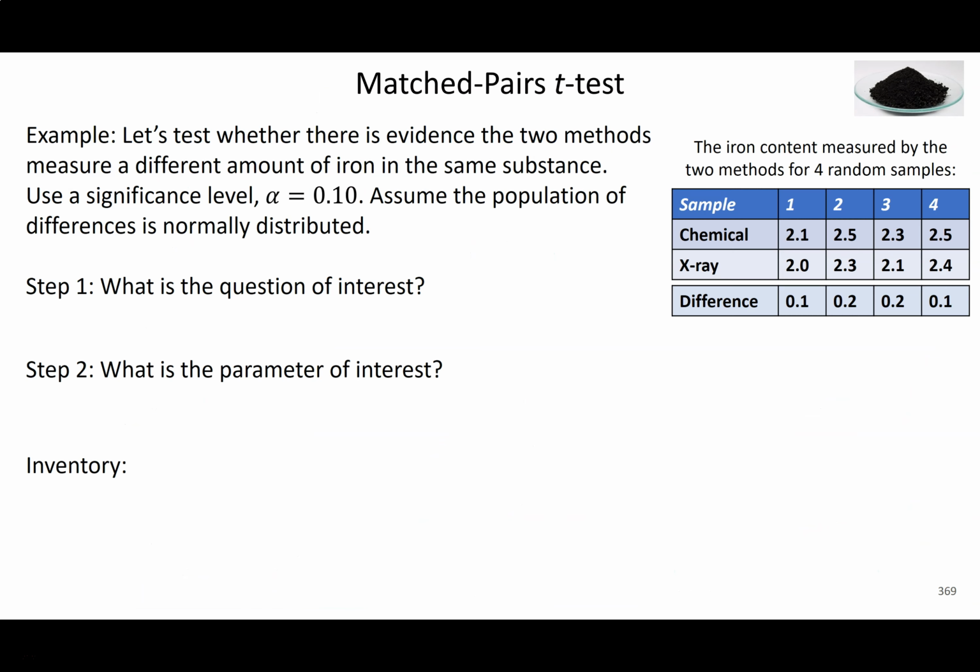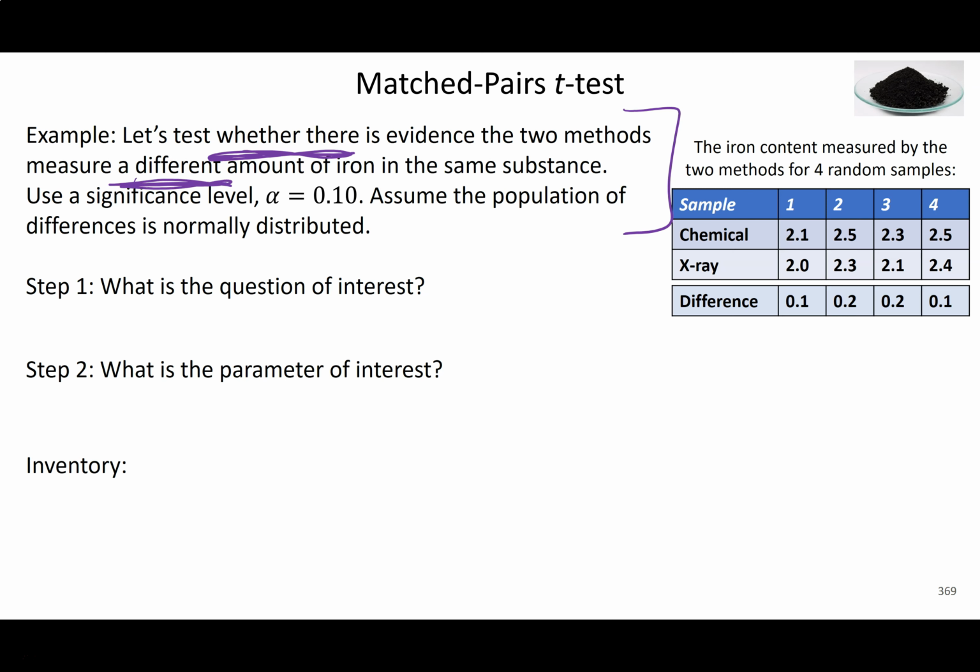So welcome back to our example, because we really, really love to stick with one example all the way through. Now we want to test whether there's evidence the two methods measure a different amount. That tells me it's a yes or no type structure, a different amount.